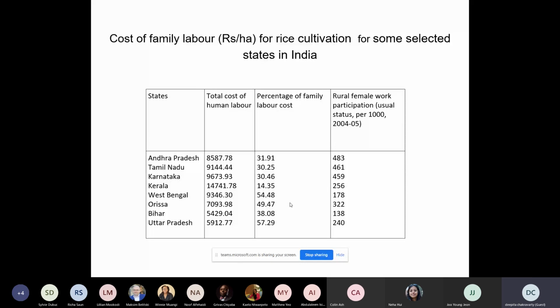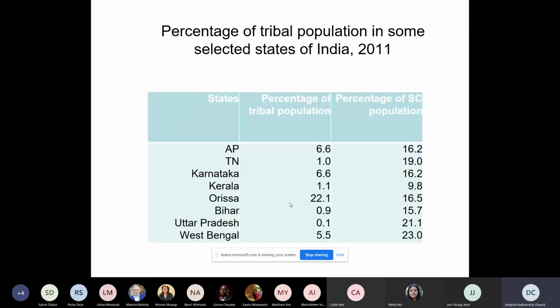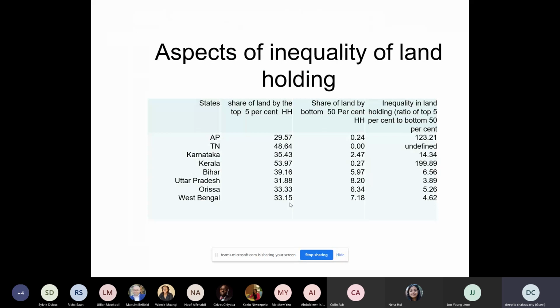It summarizes the data and gives an average idea. A finer way of looking at the inequality of landholding pattern is to look at the ratio between the share of land by the top 5% households and the share of land by the bottom 50% households.